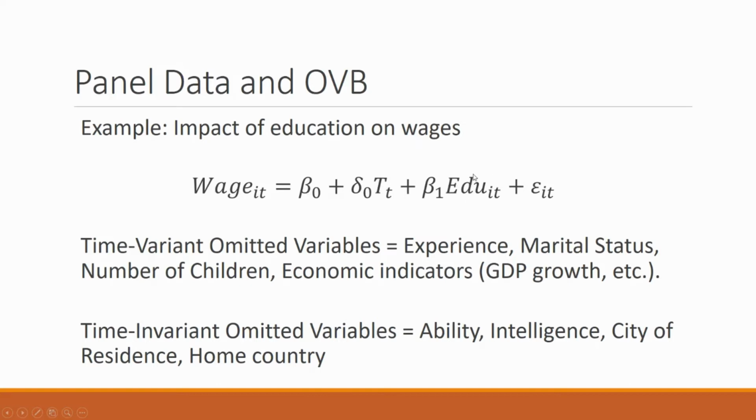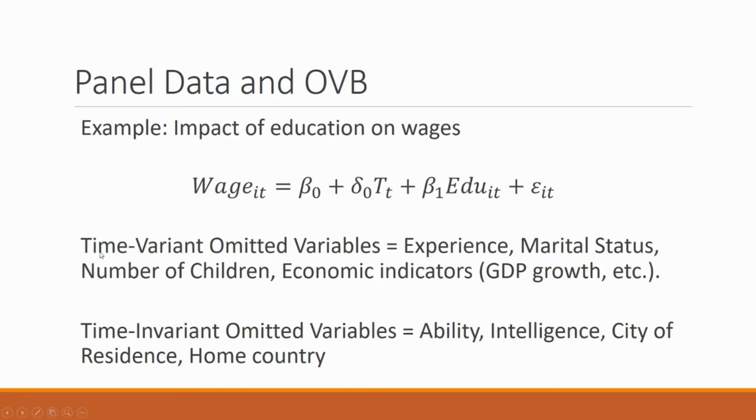In this regression model, we only have two independent variables, and so there are going to be quite a number of omitted variables in this regression, quite a number of variables that are ending up in our error term. So now I want to think about some of these possible omitted variables, and I want to think about which ones are time variant and which ones are time invariant. It's a little exercise in understanding these two different concepts.